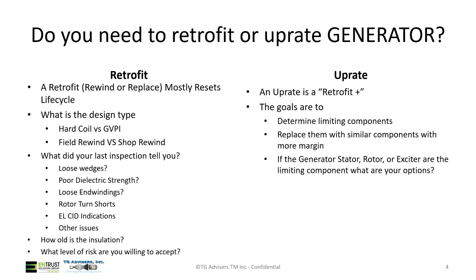The reason you want to know about those, if you already know you're going into a retrofit, is that they'll also tell you about some findings you're probably going to see during your inspections or during your rewind retrofit. So like loose wedges, you might see some damage in the slot. L-sit indications, you know you're going to have to do some core repairs. So that gives you an idea of some schedule extensions you might end up with.